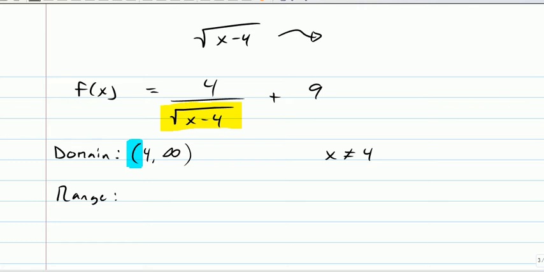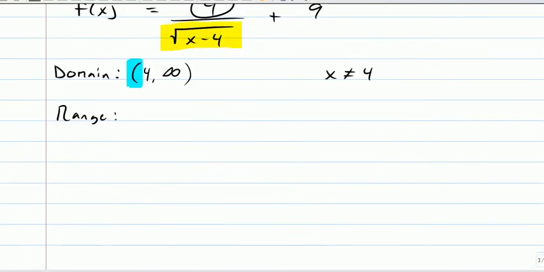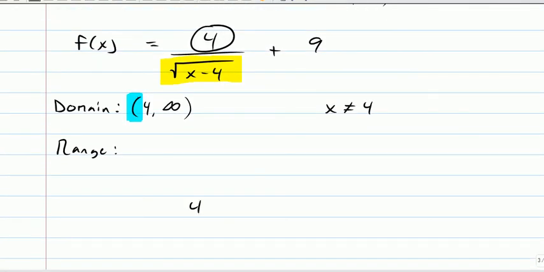So you've got this 4 in the numerator, and you're going to divide it by different things, and those things are going to go all the way from 0 non-inclusive, because we don't want to divide by 0, to infinity. So let's go down here. What happens when you take 4 and divide it by this number set, 0 to infinity?